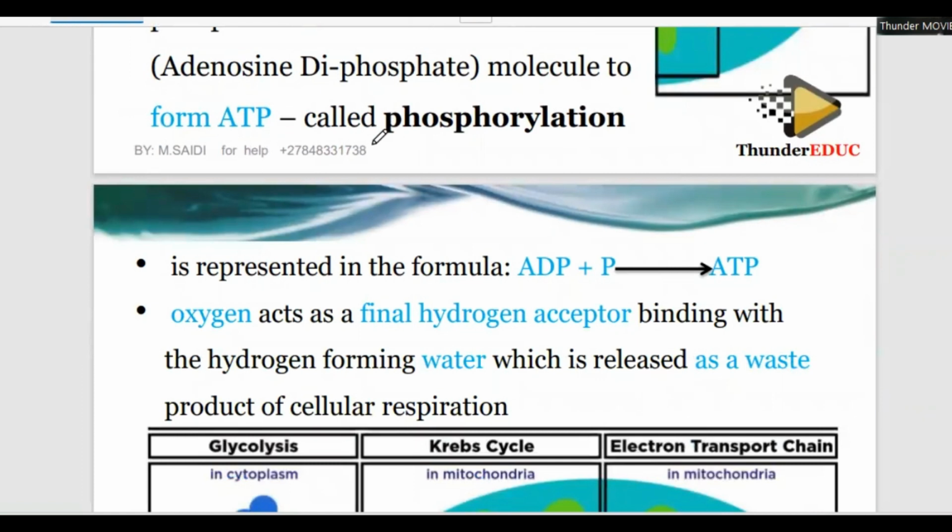oxidative phosphorylation. Here is the formula which shows how these are formed. For example, you form ADP plus inorganic phosphate to ATP, adenosine diphosphate to form adenosine triphosphate. Oxygen acts as the final hydrogen acceptor, as I said, binding with hydrogen, forming a water molecule.